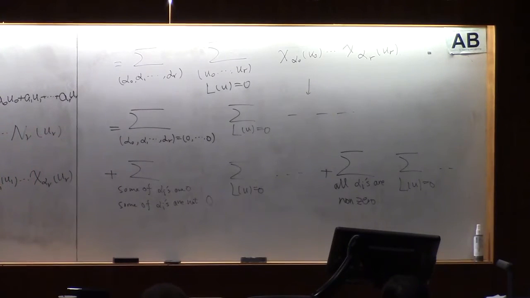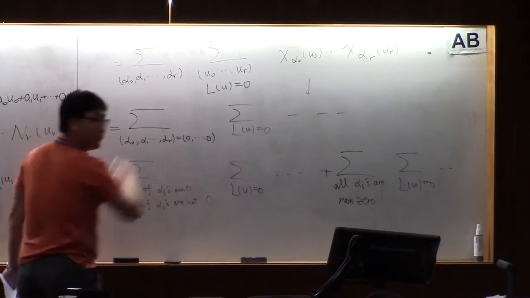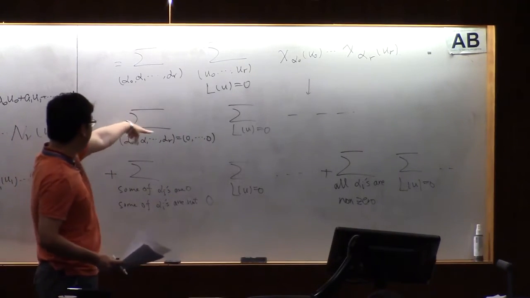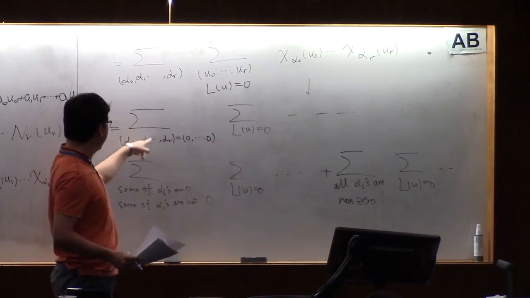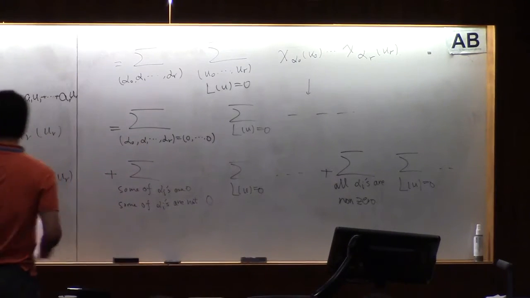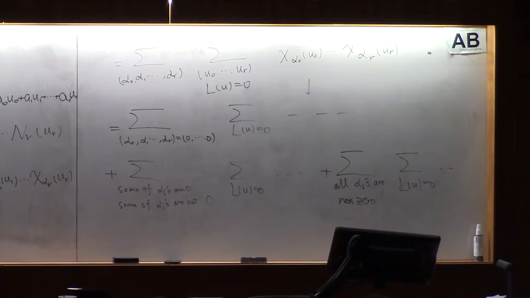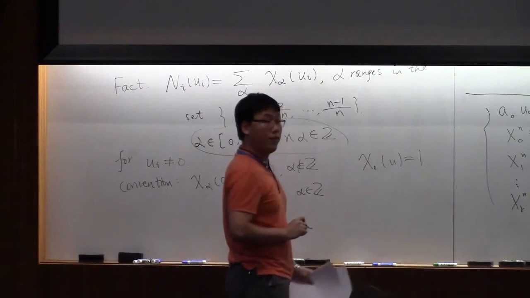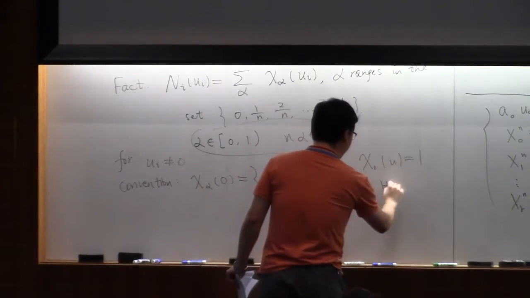Why do I divide the sum into 3 parts? Because the first part is very easy to compute. If each of these alpha i is 0, you'll see that this chi 0 of u is always equal to 1 for all u.